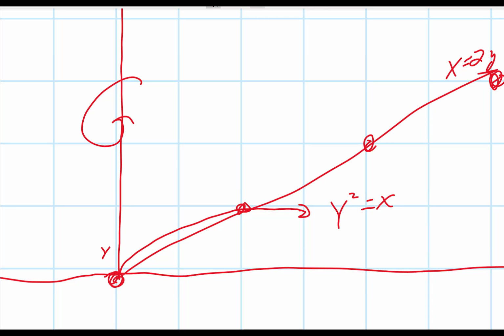Our bigger radius is going to be the one furthest away from our axis of rotation. So I'm going to call that R.